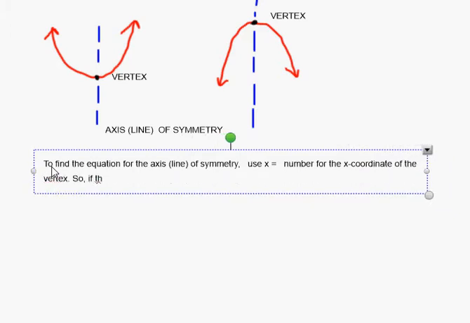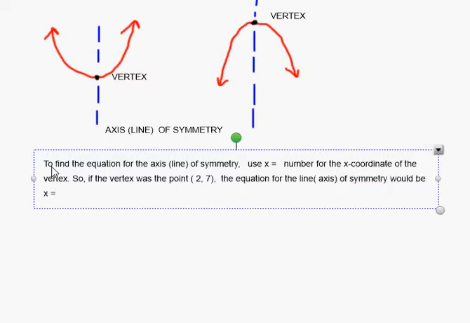So, if the vertex was the point (2, 7), the equation for the line or axis of symmetry would be x equals 2.